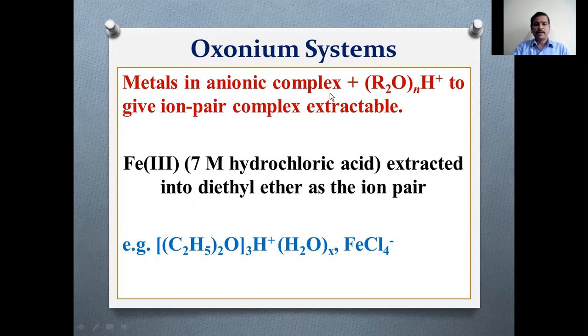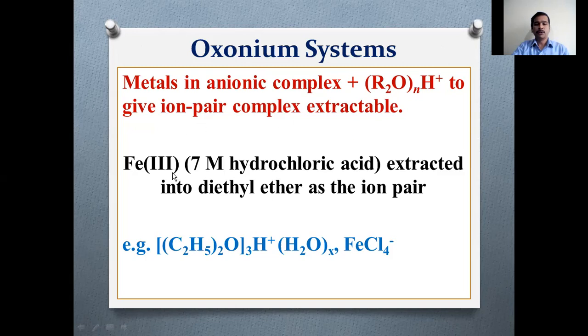So many metal anionic complexes, when you treat them with organic solvents such as diethyl ether or methyl isobutyl ketone, and when you maintain a strongly acidic medium in the solution system, you will expect an ion association complex.